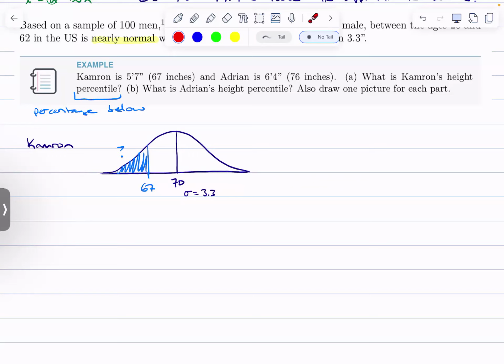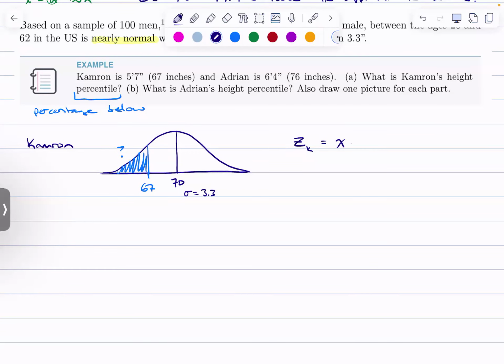How do we do that? We can standardize it, right? We can find our Z, or if you play around with your calculator, because it'll just take the mean and the standard deviation, you could do that. I'll do it old school. So the next thing I need to do is I'll put a little subscript K on there for Cameron, because later I'll have Adrian, and so it makes sense to differentiate between the two.